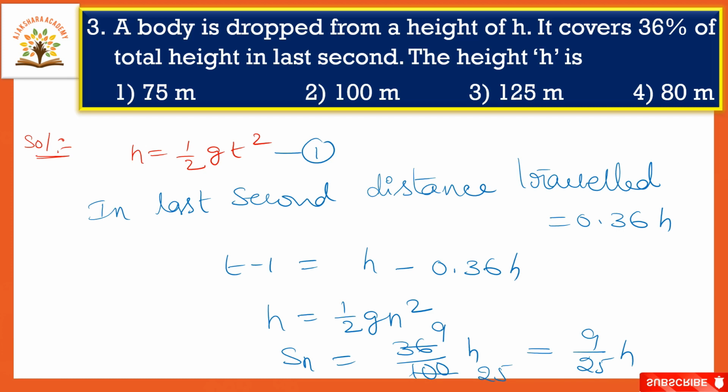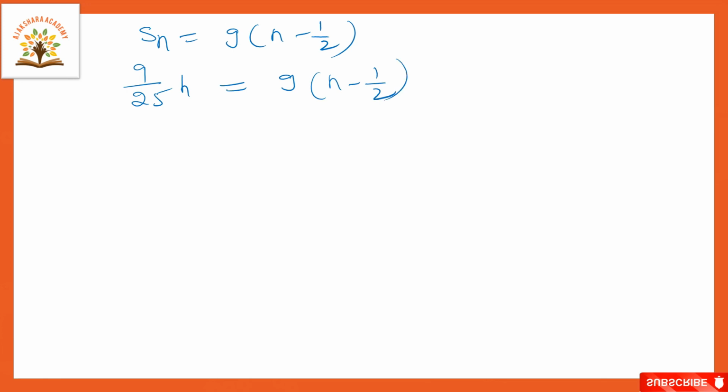Now Sn is equal to g of n minus 1 by 2. Sn we are getting 9 by 25 into h, that is equal to g of n minus 1 by 2. h is equal to half g n square.